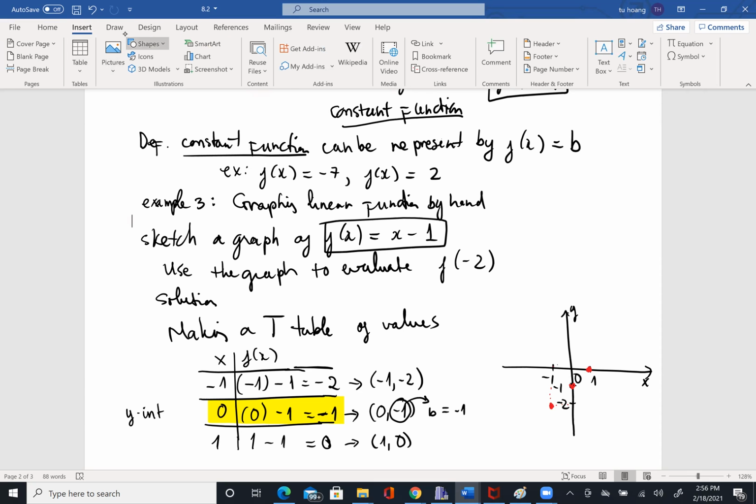I will use the shape tool here. All right. Not really. Okay. Let me move this, and make it bigger a little bit.